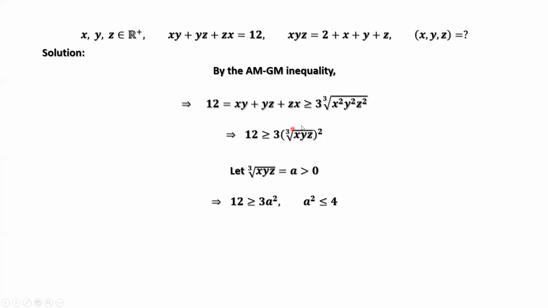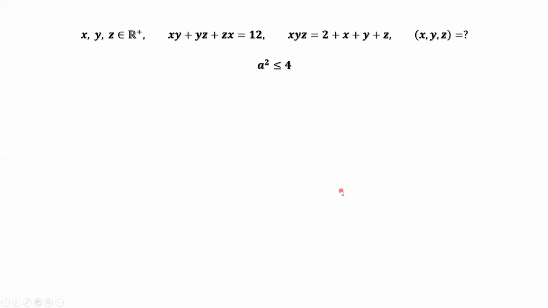We just replace this part by a. Therefore, a squared is less than or equal to 4. Solve this inequality, we have a is less than or equal to 2. This is our first result.